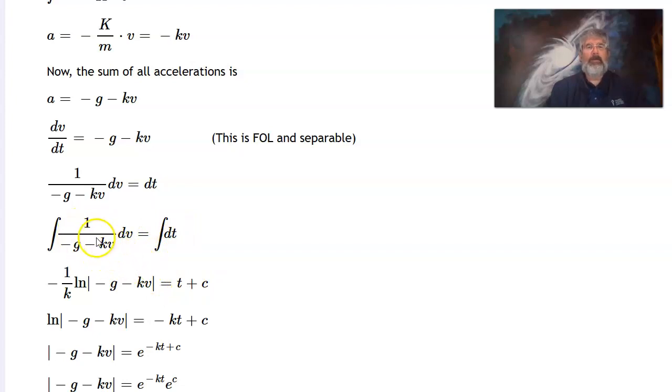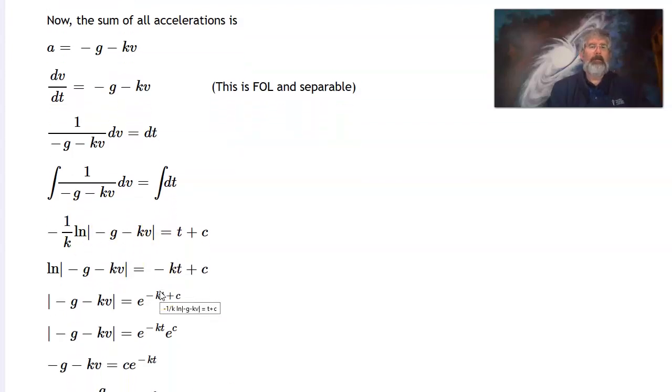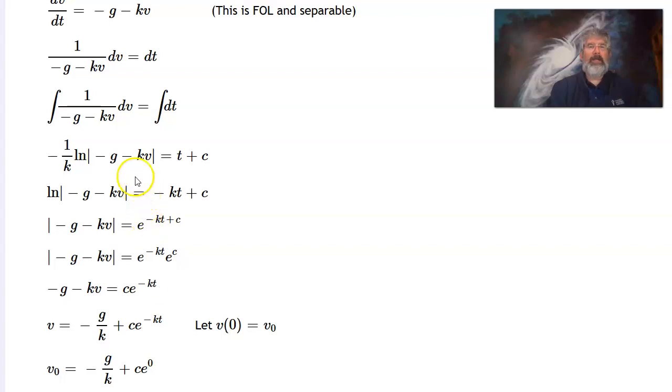This one, there's a u substitution with u equals this denominator. du equals minus k dv. I have the dv, but I don't have the minus k, so I'm going to end up multiplying by 1 over k in the end here. And then I've got a 1 over u du, which would integrate to the natural log of u, and so I get this. Solving for v now, I multiply both sides by negative k.